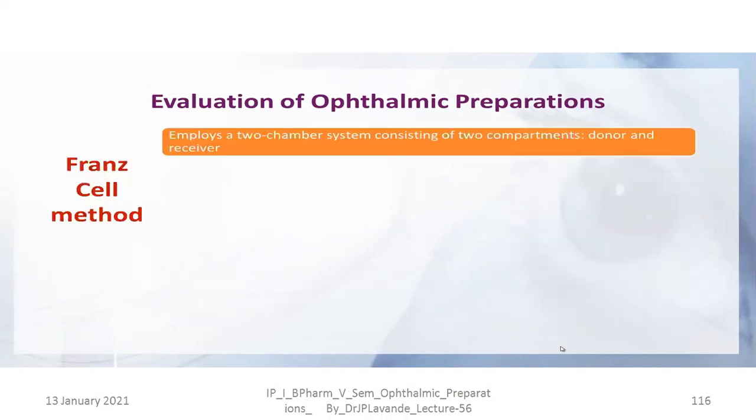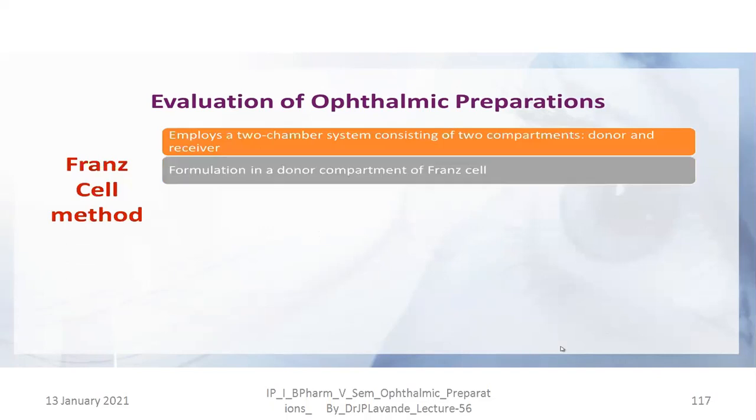The Franz diffusion cell method employs a two-chamber system consisting of two compartments, the donor and the receiver. We already saw this previously in one of our lectures, right? While studying the capsule or tablet, we saw the Franz diffusion cell, where the dissolution parameter is carried out.